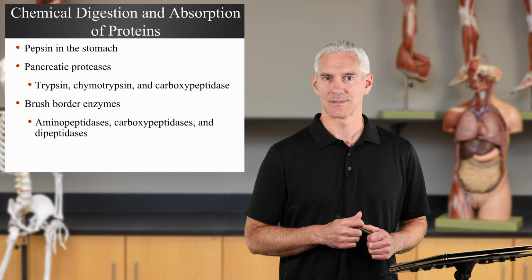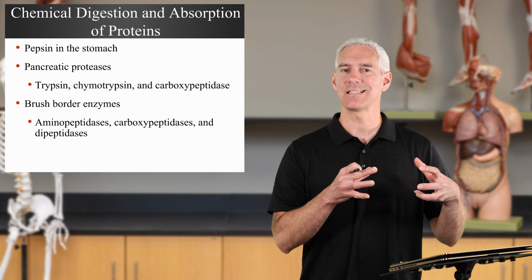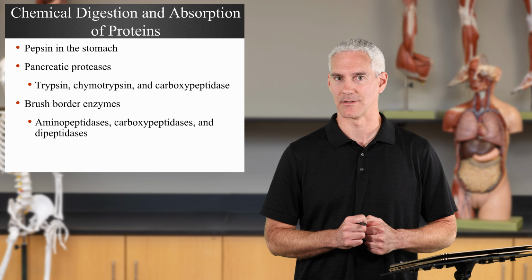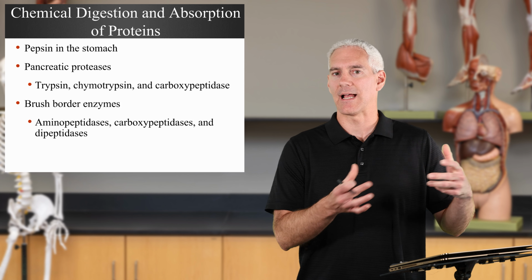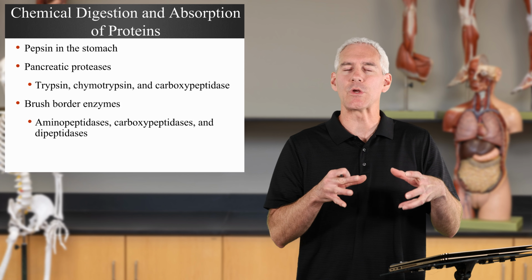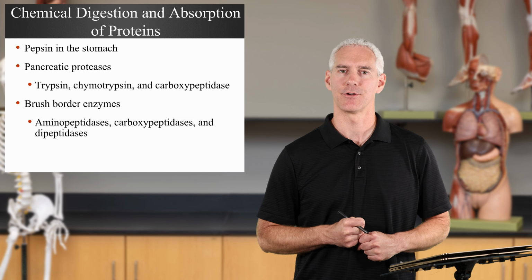Brush border enzymes. These are more enzymes that get added into the lumen of the small intestines. So really, again, that small intestine is the main site of chemical digestion for all the different macromolecules. You might start ahead there, but really you're focusing on that small intestine for absorption and getting all those nutrients into your system.